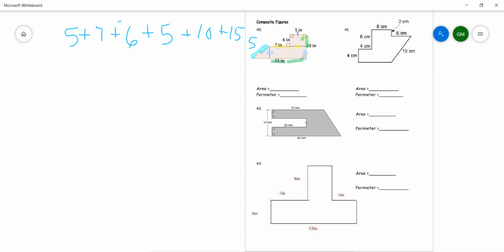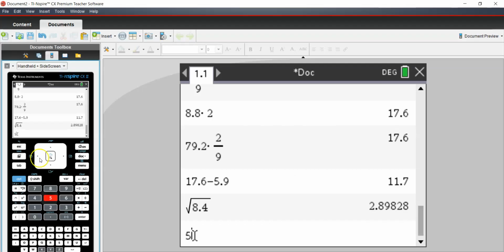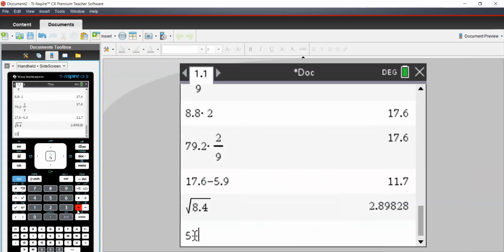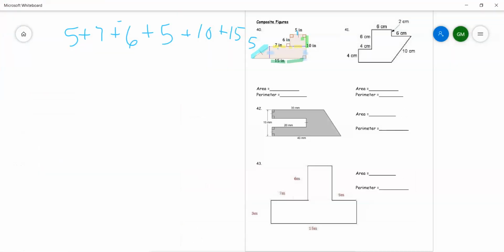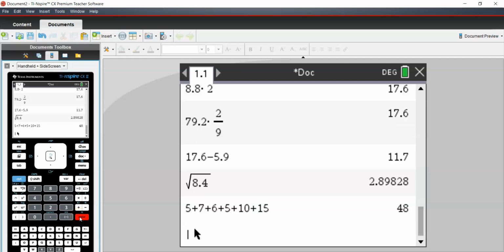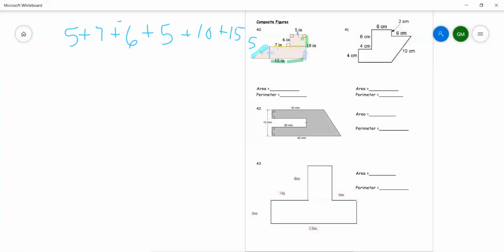All right, let's go ahead and add those up. 5 plus 7 plus 6 plus 5 plus 10 plus 15. That gives me 48. So the perimeter on number 40 is 48 inches. And now we need to find the area, which is going to take just a little bit longer, but that's okay.